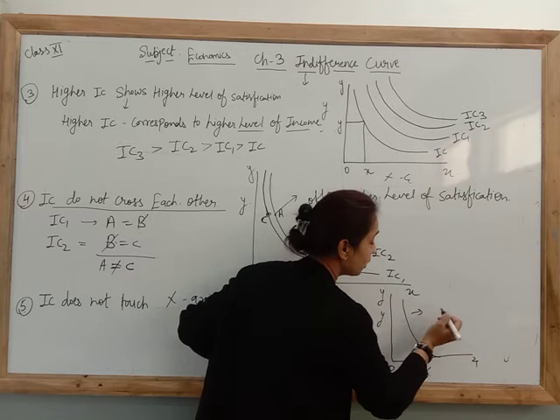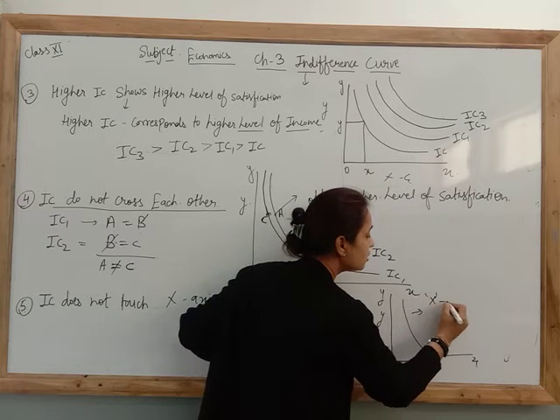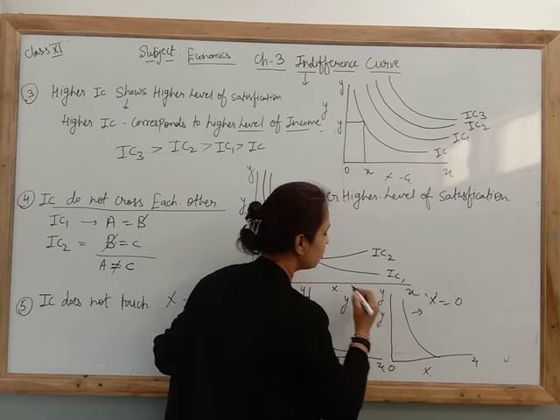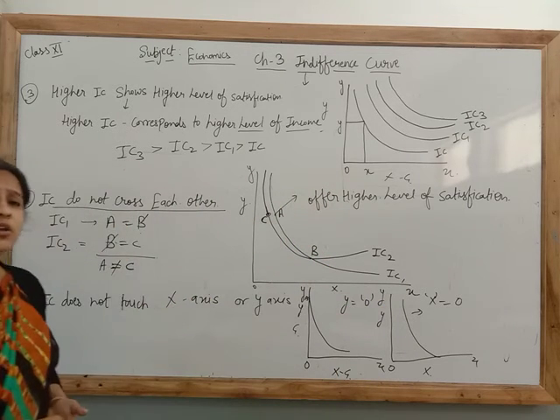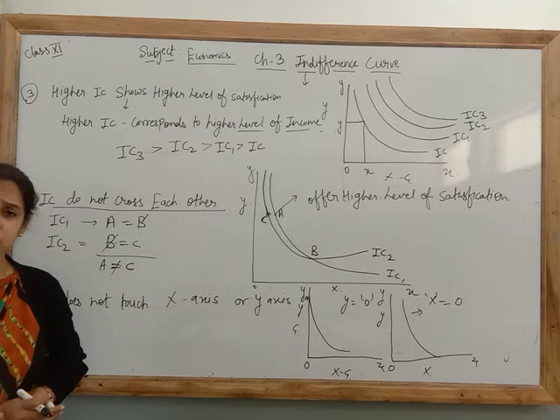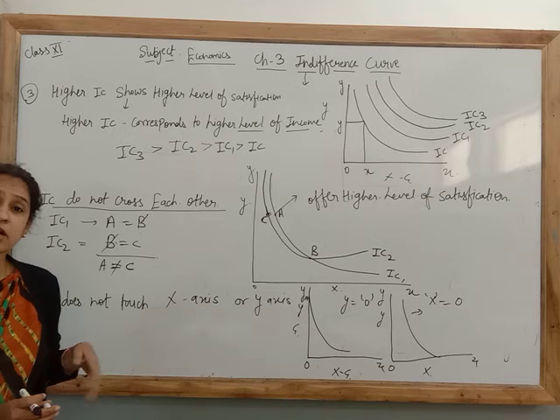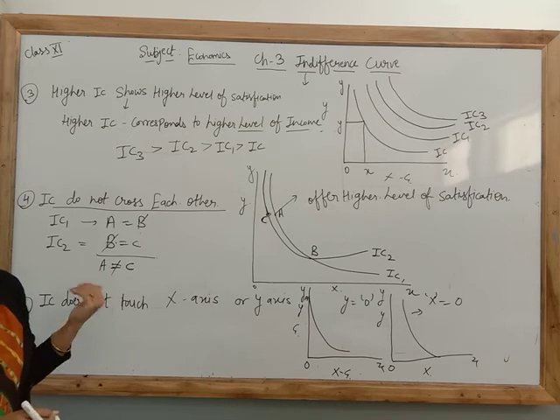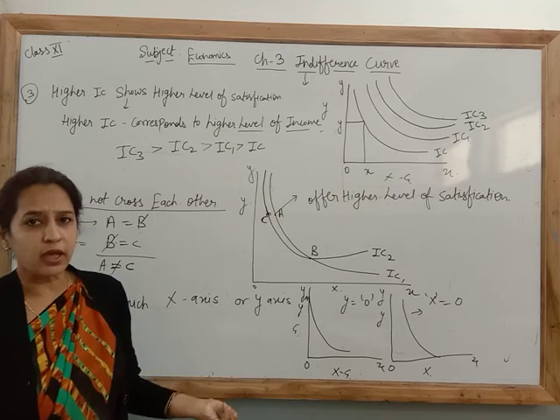Here he is going to consume 0 of the x commodity, and here he is going to consume 0 of the y commodity. If you are not going to consume any commodity, how are you going to get satisfaction? Do you think that commodity offers you satisfaction? No. For getting satisfaction, you have to consume something.